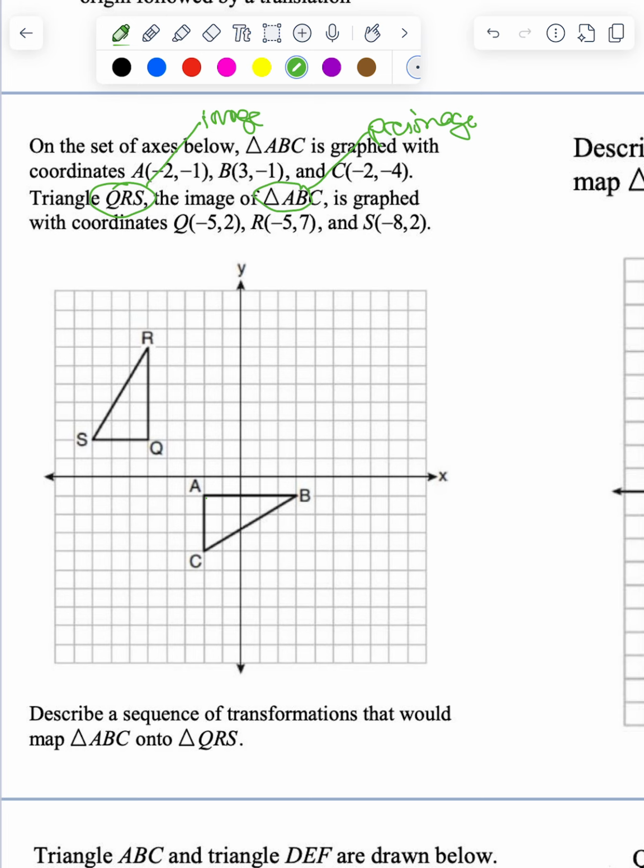And I'm going to rotate around point A. So what that means is point A is going to stay where it's at, and point A is the point -2, -1. So my rotation is going to be around the point -2, -1. And the way I'm going to rotate is I'm going to rotate counterclockwise 90 degrees. So I'm going to put this over here, rotation, big R stands for rotation, around the point -2, -1.